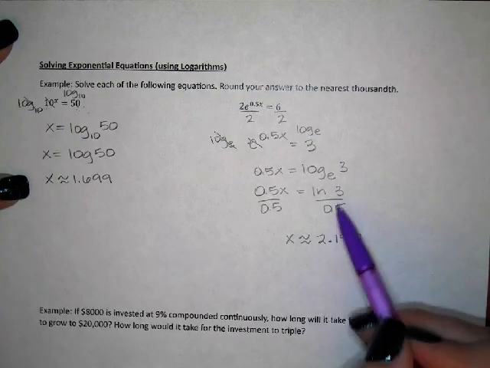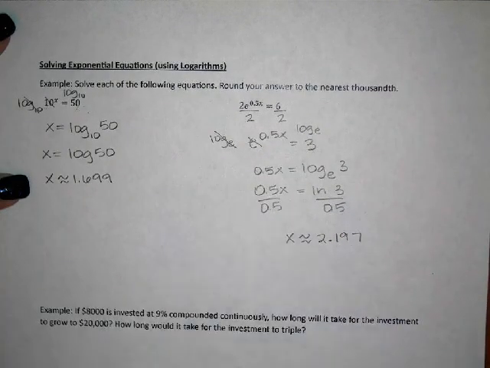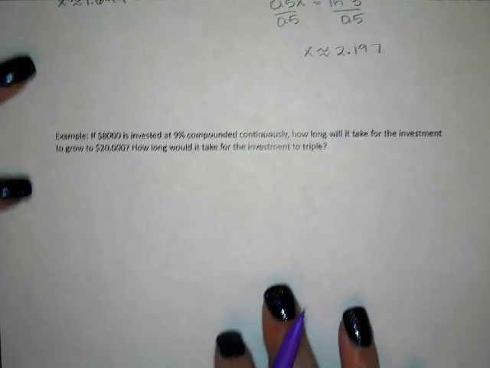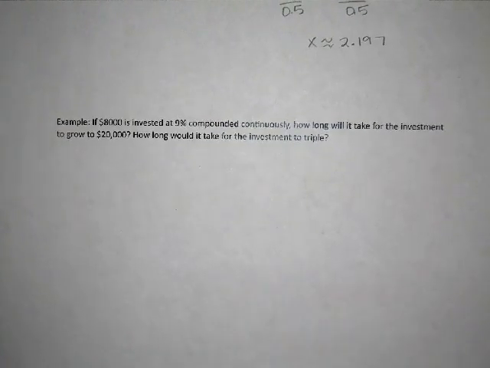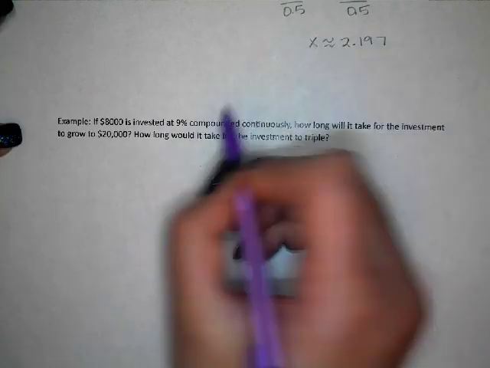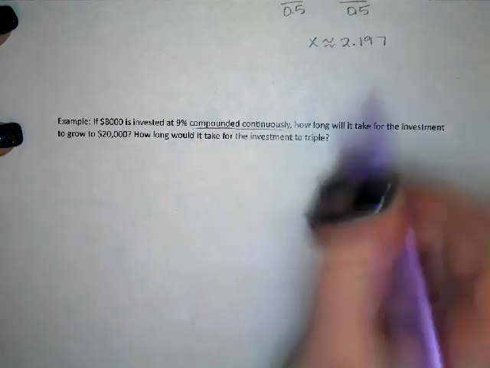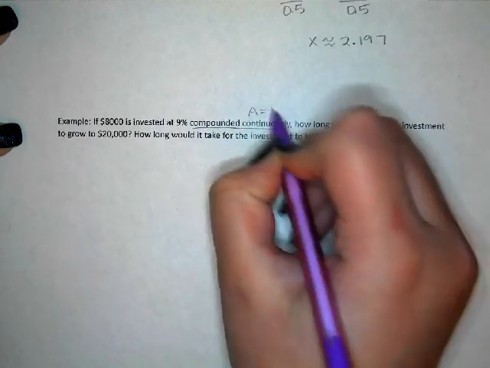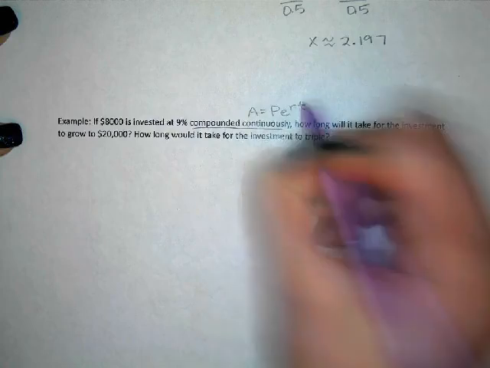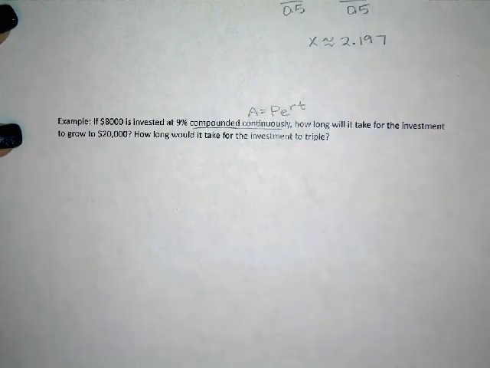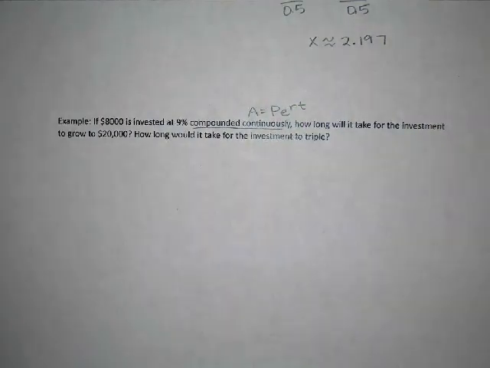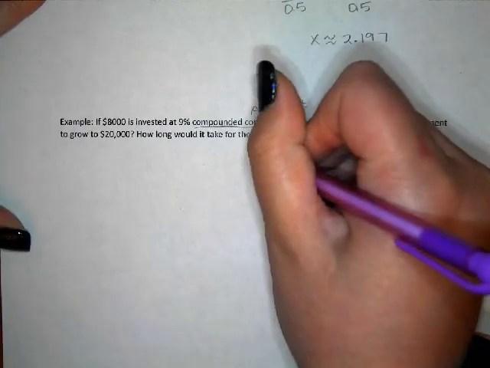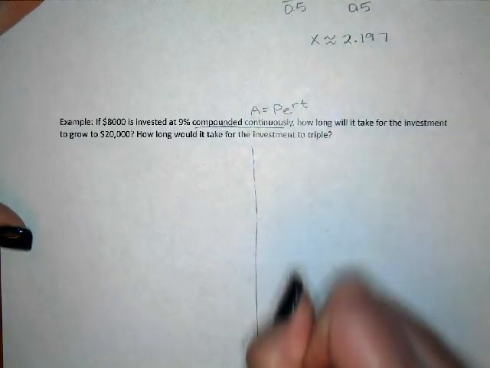Okay. Next example says if $8,000 is invested at 9% compounded continuously, that is Pert. How long will it take for the investment to grow to $20,000? How long would it take for the investment to triple? So we have two scenarios, $20,000 and triple.